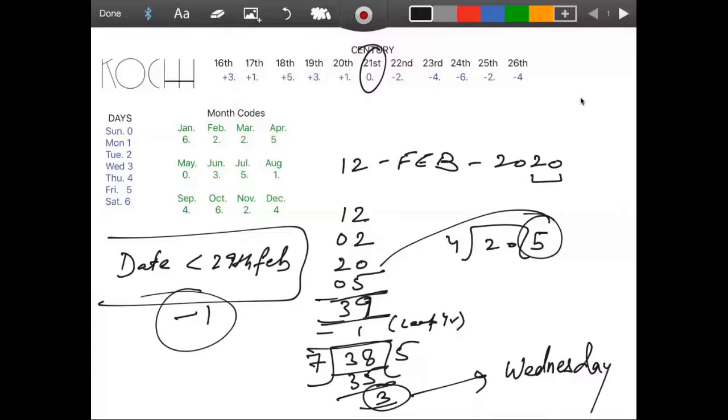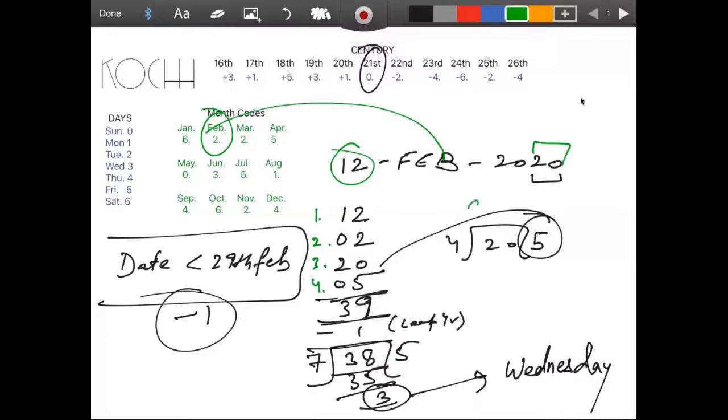Okay. So what we did was, first was the date. Second was the code for the month February, which is 02. Then third was last 2 digits of the year. Fourth was writing the quotient when we divided the year by 4. So we wrote 5 here.